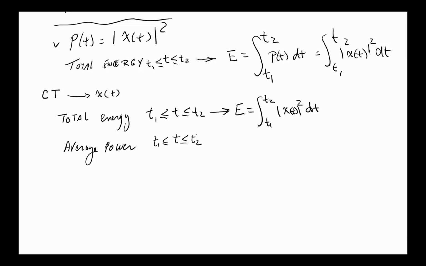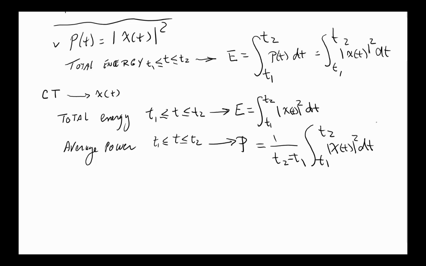So if I divide it by the interval, I have got the average power. So if they're looking for average power, I simply say P, capital P, average power is equal to 1 over t2 minus t1 times the integral from t1 to t2 of the magnitude of x of t squared dt.